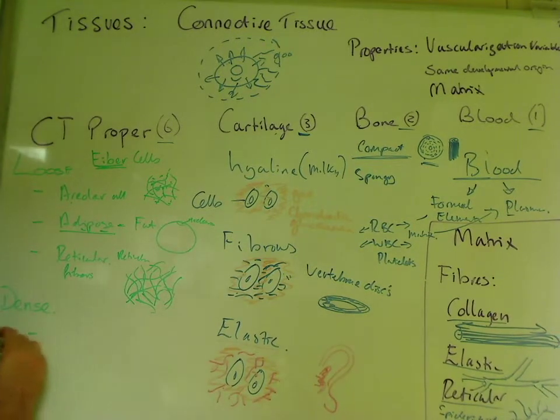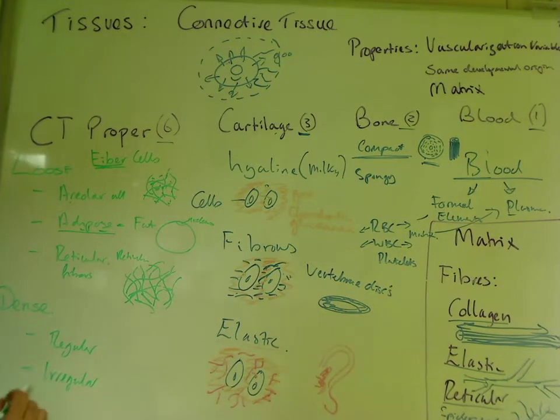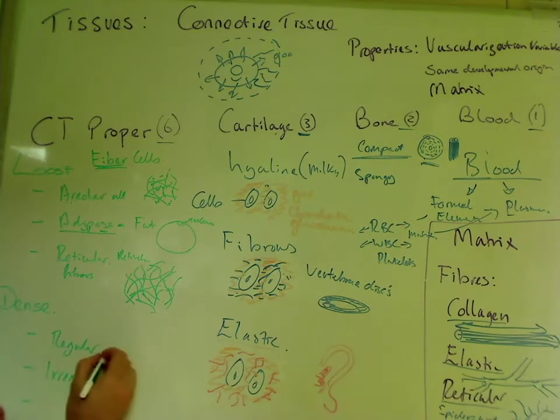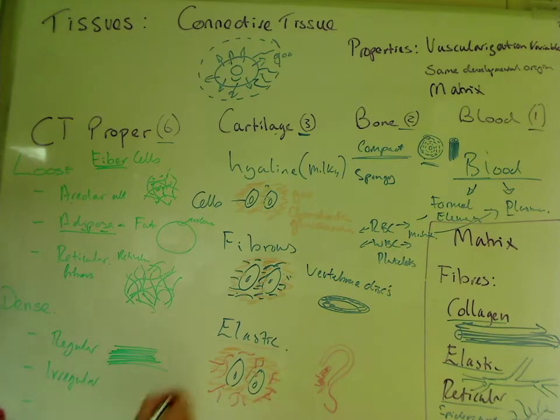Right, dense. We can have dense regular and dense irregular. I'll do those two first. Dense regular produces collagen fibres and they all line up like that, so it's like rope.